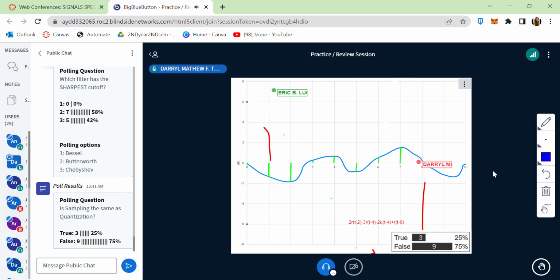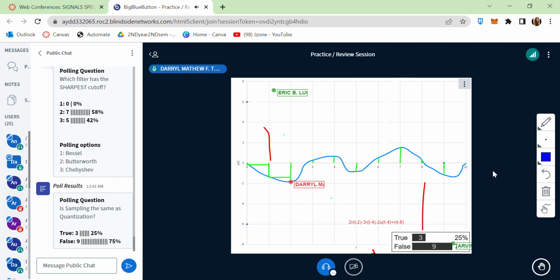So medyo coarse, pero parang ganito yung tsura niya. So basically, parang ito yung itsura ng signal natin kapag na-sample lang natin.